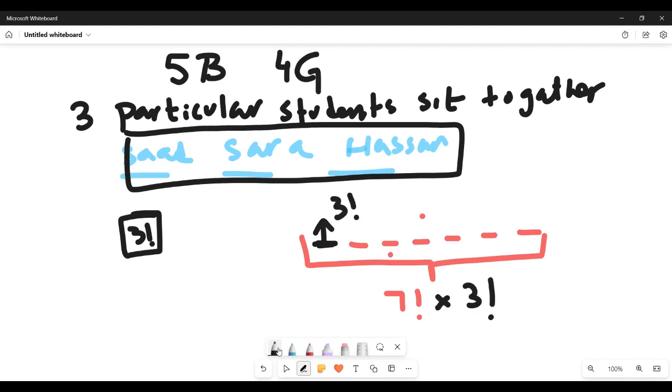So that gives 30240, which I have written with me. So that's the total number of arrangements if you have to make 3 particular people sit together.